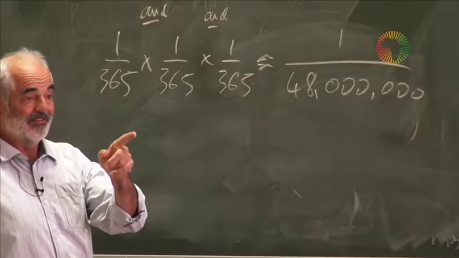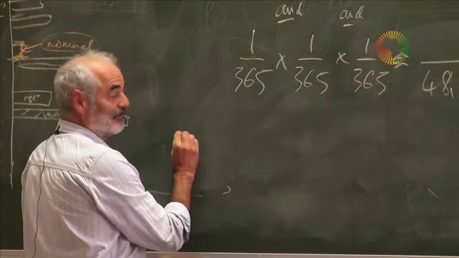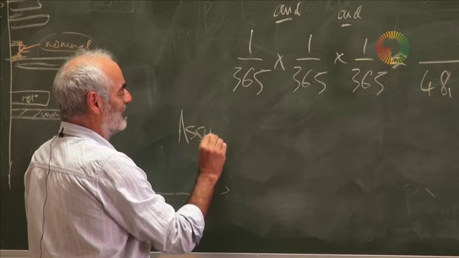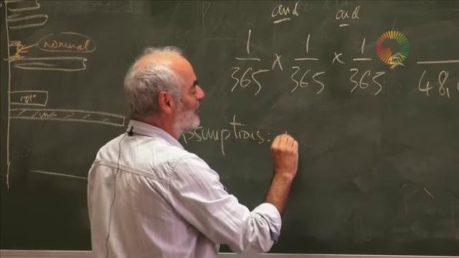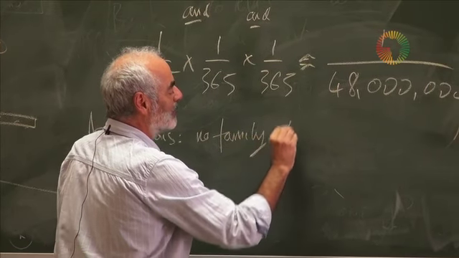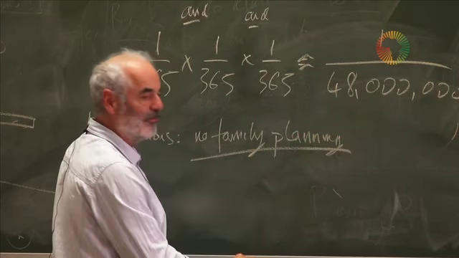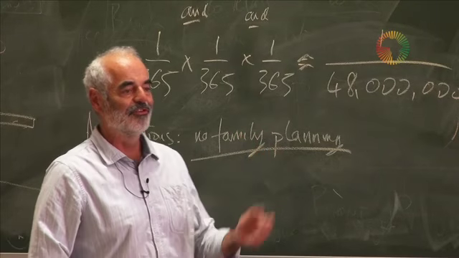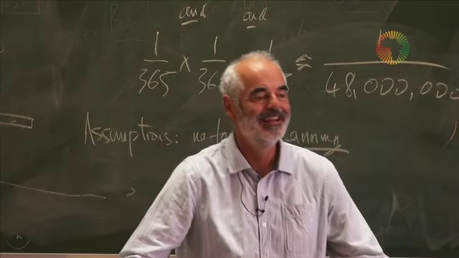That's one point, and that's to do with the assumptions. Essentially, the assumption is there's no family planning. We assume as mathematicians that babies come along at random.